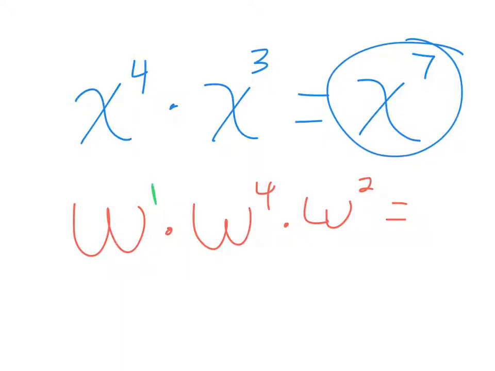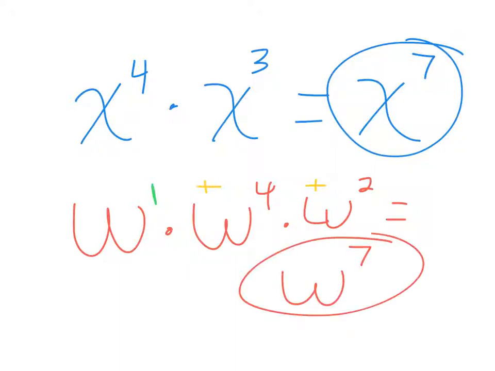So really, in adding these three exponents together, we would just take 1 plus 4, which is 5. We know then plus 2 would be 7. So I'm going to write that down as w to the seventh would be our solved solution to that particular problem.